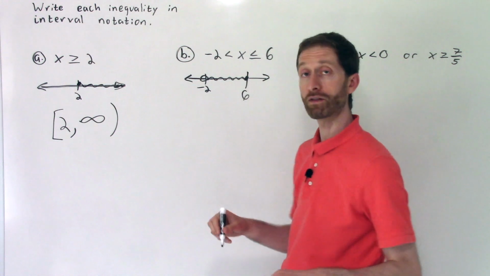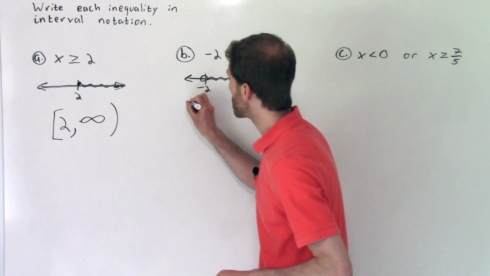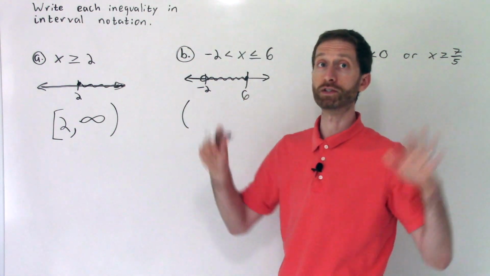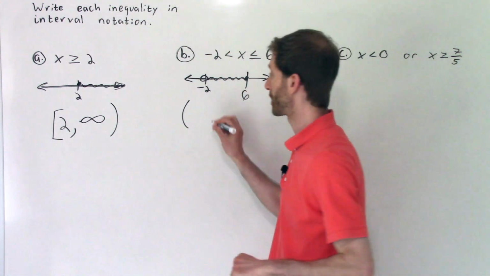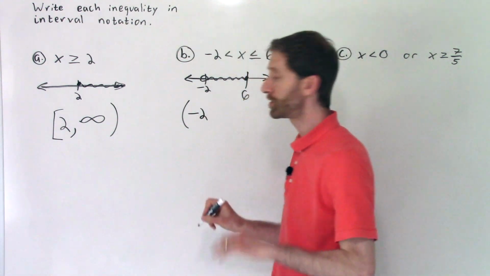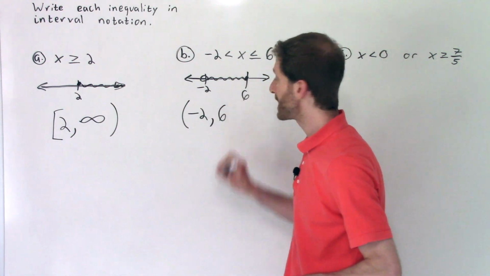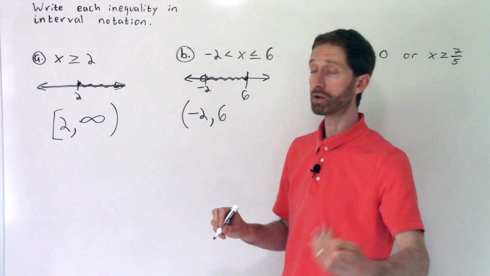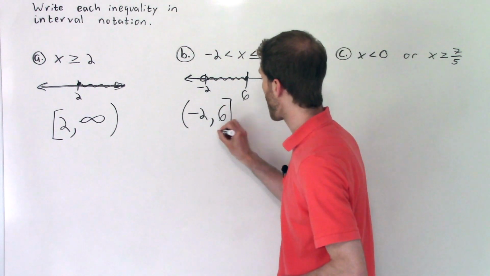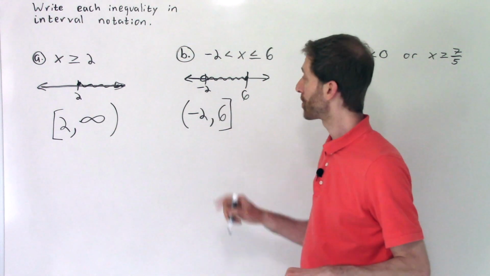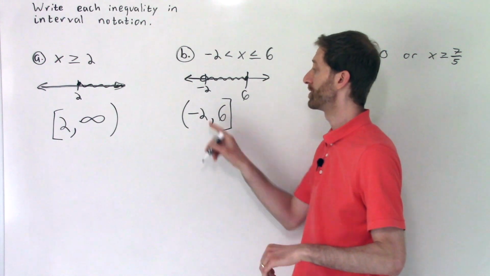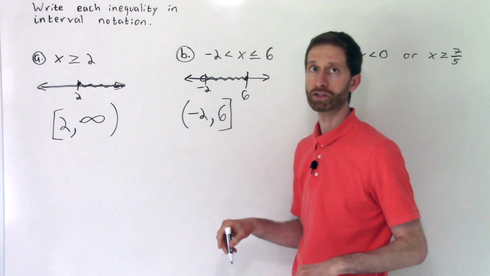We're going to start at -2 to 6. Because we don't include -2, it's a parentheses. Again, hands off, don't touch, not including it. All numbers from -2, not including it, comma, and then we end at 6. But we do include 6, so we're going to have a bracket. Shelter that 6, right? So all numbers between -2 and 6, not including -2 and including 6.